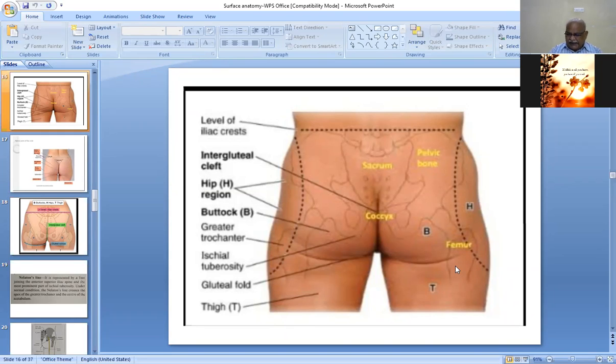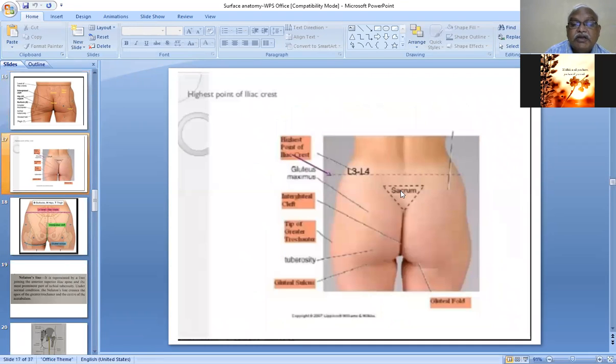Okay. Now here: sacrum, highest point of the iliac crest, gluteus maximus, intergluteal cleft or natal cleft, tip of the greater trochanter, ischial tuberosity, gluteal sulcus. This is the gluteal fold.